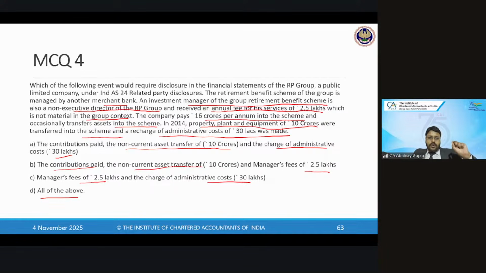But here it is not the government case. In the facts, is the word government written anywhere? No, sir, this is a public limited company. So then how are you assuming? Don't assume, unless and until something is written in the facts in the examination.